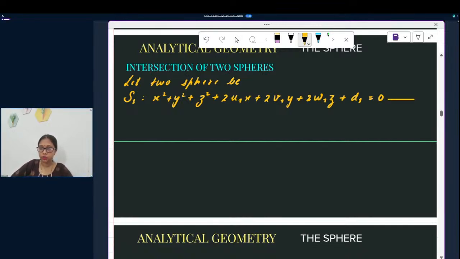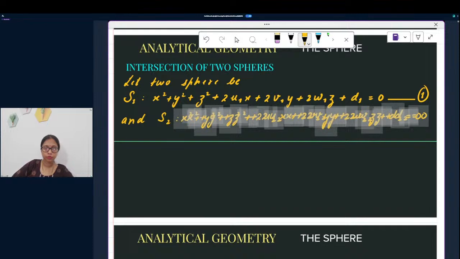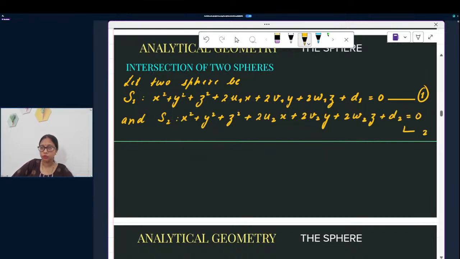This is the first one. And S2 is x square plus y square plus z square plus 2u2x plus 2v2y plus 2w2z plus d2 is equal to 0. Right. Let it be 2. We have two spheres.